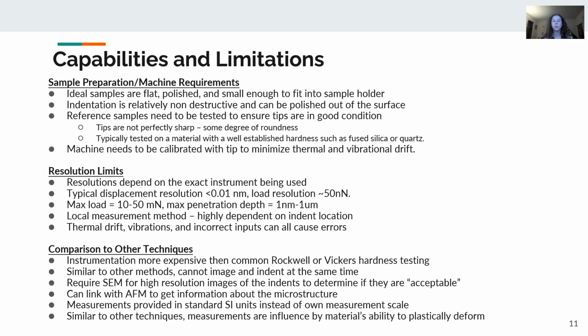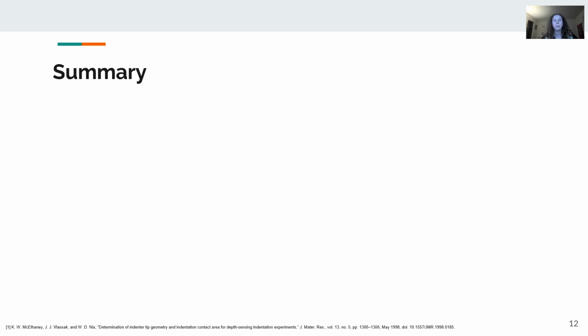However, it can be coupled with AFM, and it is able to provide measurements in standard units for comparison across experiments. And then also similar to other hardness measurement techniques, you can't image and indent at the same time, and so that is one of the downsides of indentation overall.